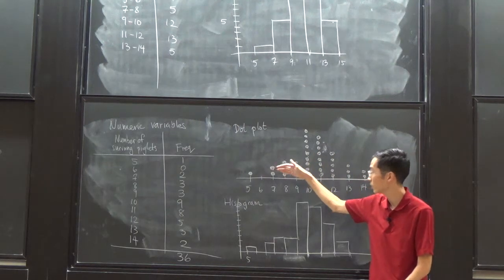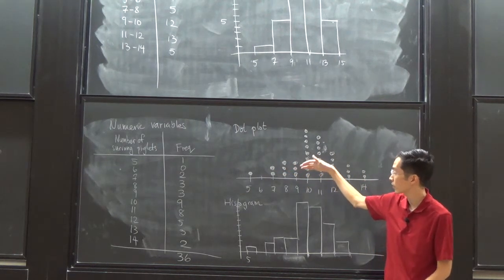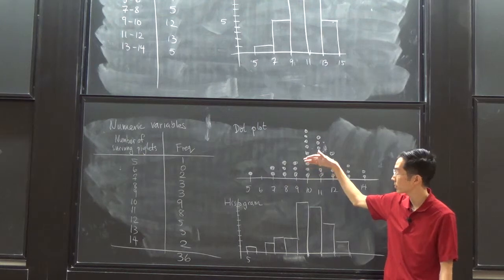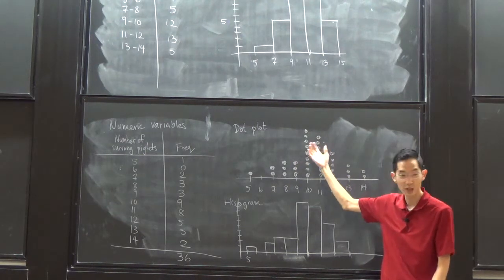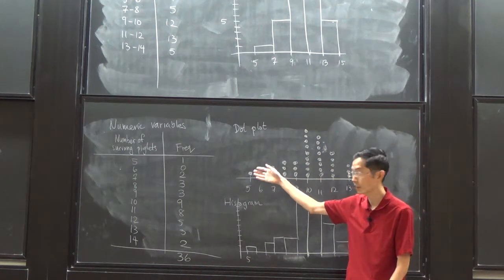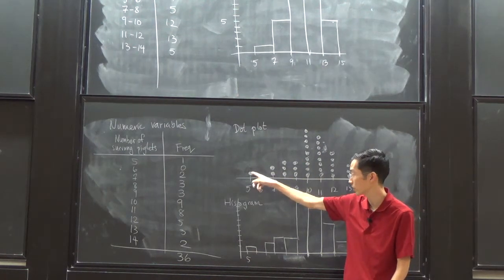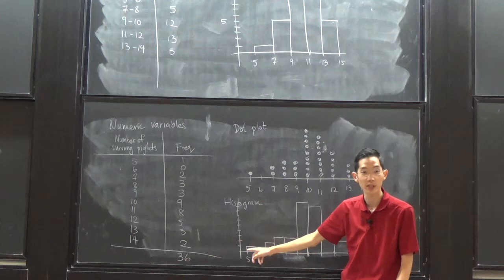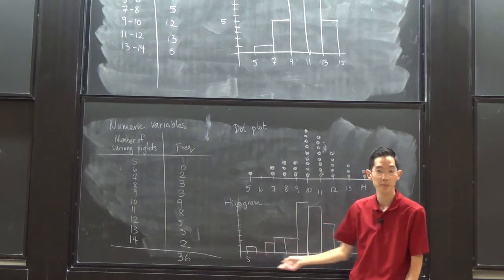And I'm putting a dot for each sow that had that number. Okay? So there was one sow that had 5 piglets survive. She's represented here and also here in this histogram.